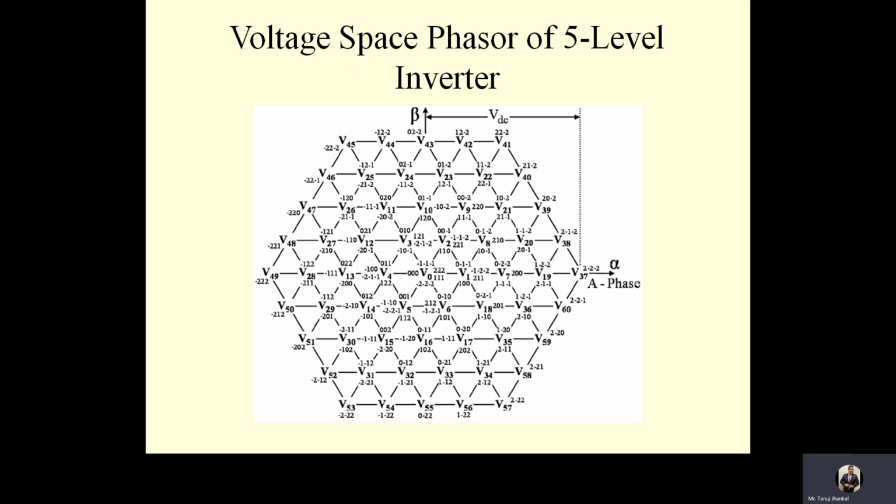Now the pole voltage levels minus VDC by 2, minus VDC by 4, 0, VDC by 4 and VDC by 2 are represented by different numbers, which are minus 2, minus 1, 0, 1, 2, in the switching states, for the sake of clarity, for the 5-level inverter. So on screen you can see numbers written in the form of minus 1, 0, 1, 1, 0, minus 1. Yeah, these are switching states for the 5-level inverter.